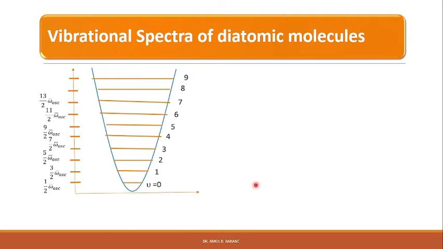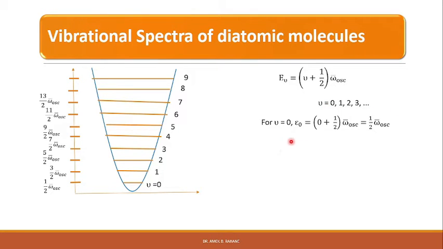These vibrational energy levels are shown in the figure for different quantum numbers nu is equal to 0, 1, 2, 3. So, we get different values of the energies corresponding to the quantum numbers. E nu is given by (nu plus 1/2) omega bar oscillations, where nu takes values 0, 1, 2, 3 up to infinity, and therefore, for nu is equal to 0, E0 is equal to 0 plus half omega bar oscillations, which is equal to 1/2 omega bar oscillations.